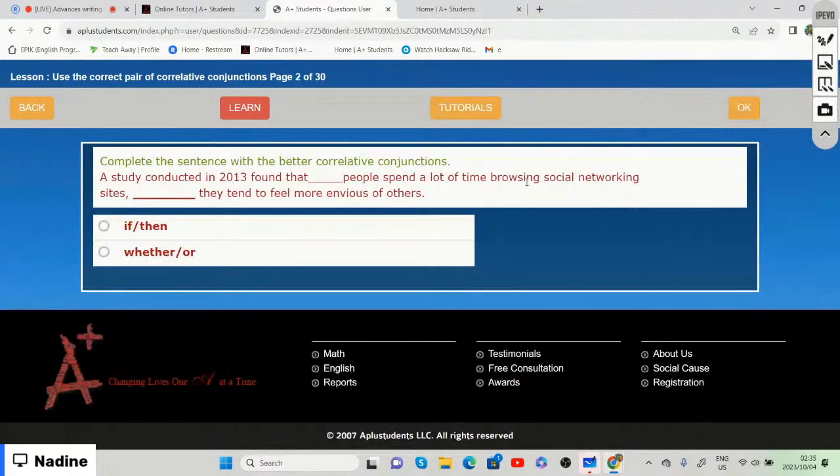All right, so now we're looking at the next one. It says, a study conducted in 2013 found that, do we say if people spend a lot of time browsing or whether people spend a lot of time browsing on the internet, browsing social network sites? They tend to feel more envious of others.